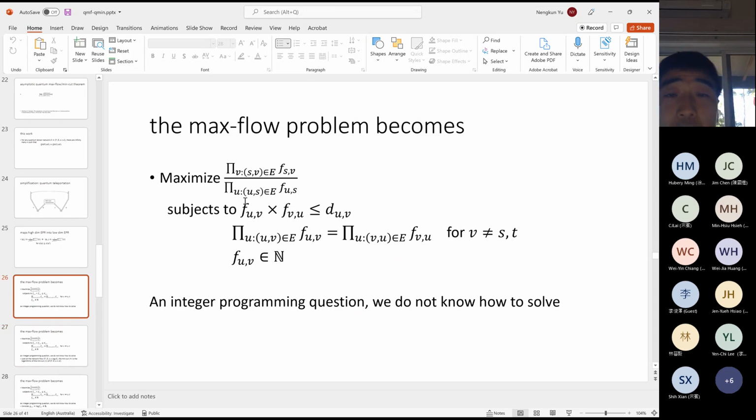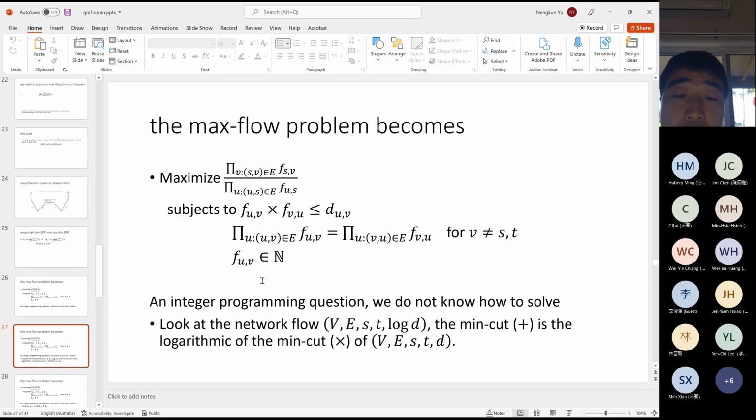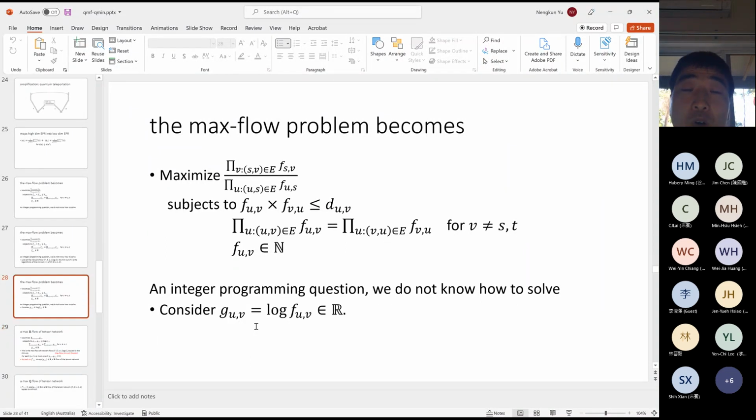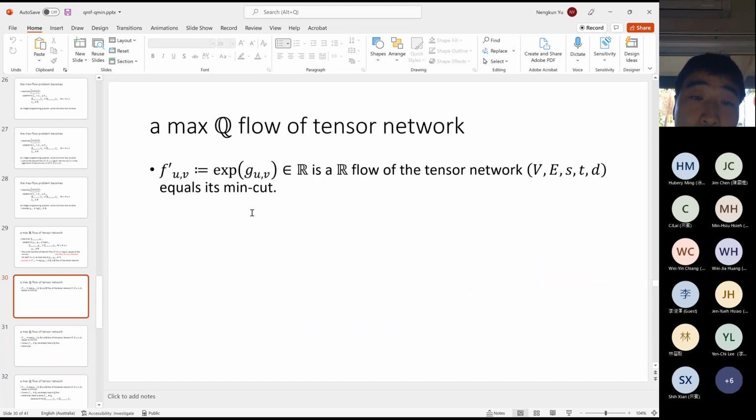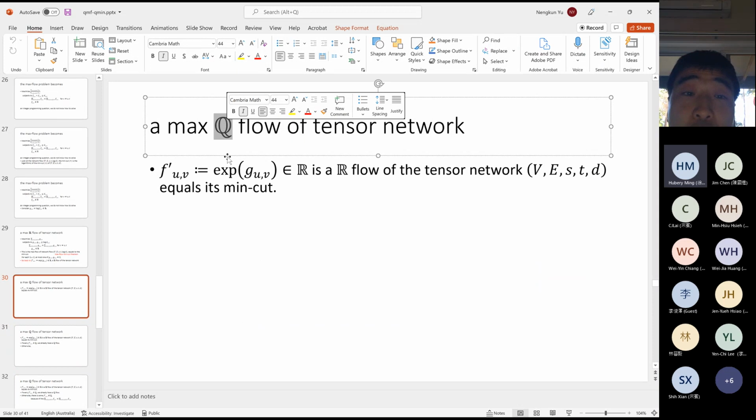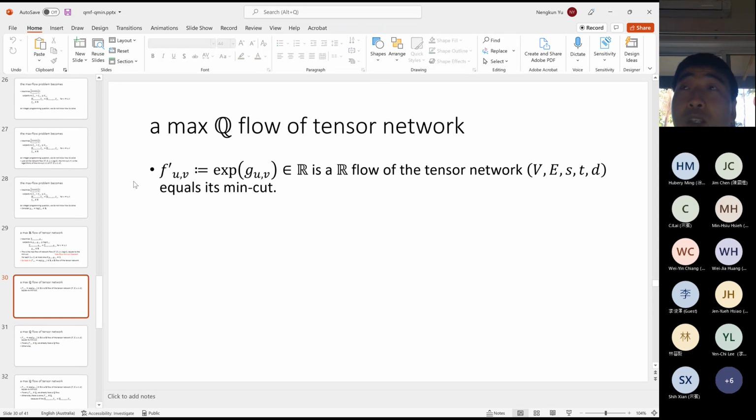We will try to assign integers of the flow, and we do not know how to show that directly. So theoretically we prove that, first we can have a real or positive flow, and from the real flow, we find a rational flow. So this is all done by paper.